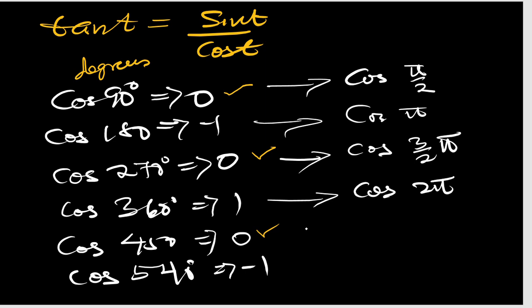And then cos 450 is the same thing as 5 over 2 pi.